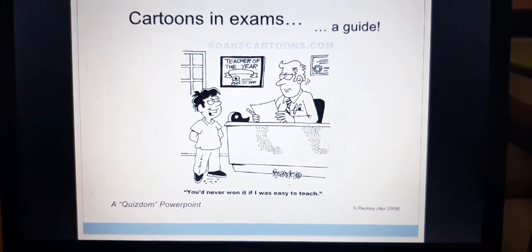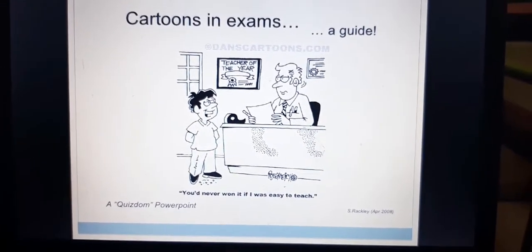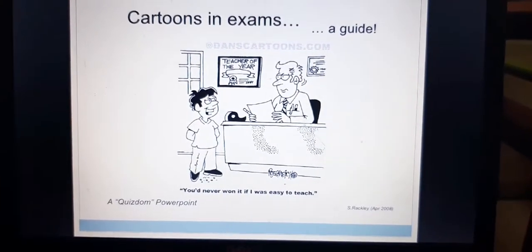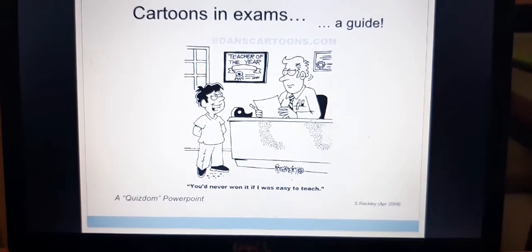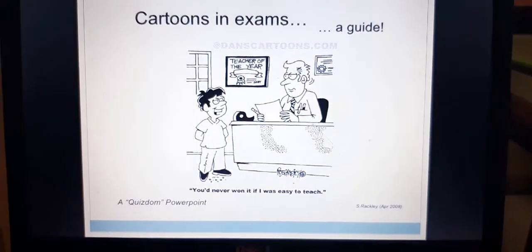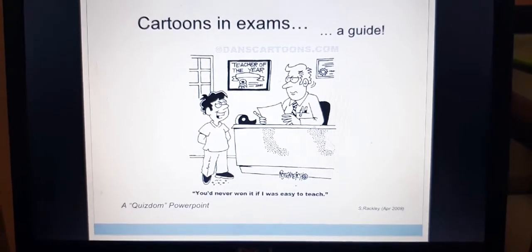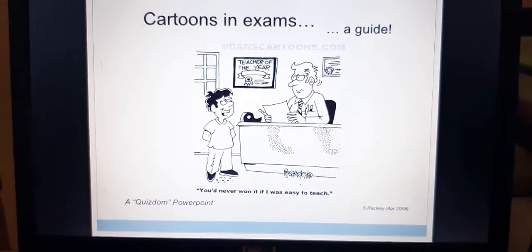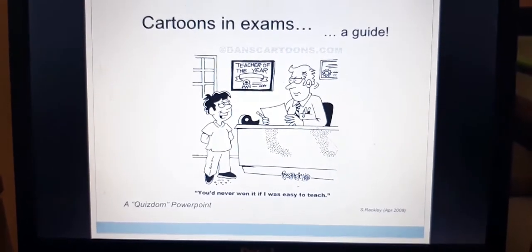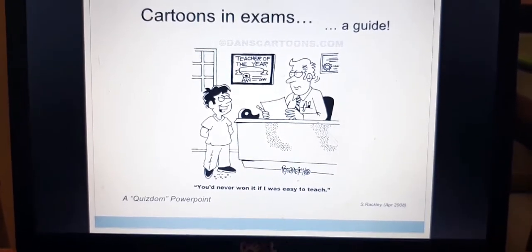The child is saying to the teacher that you have got the Teacher of the Year award, and the only reason is because I was a challenging student. I challenged you. I did not learn easily. You took efforts and because of that you got an award. So it is all because of me that I did not learn easily.